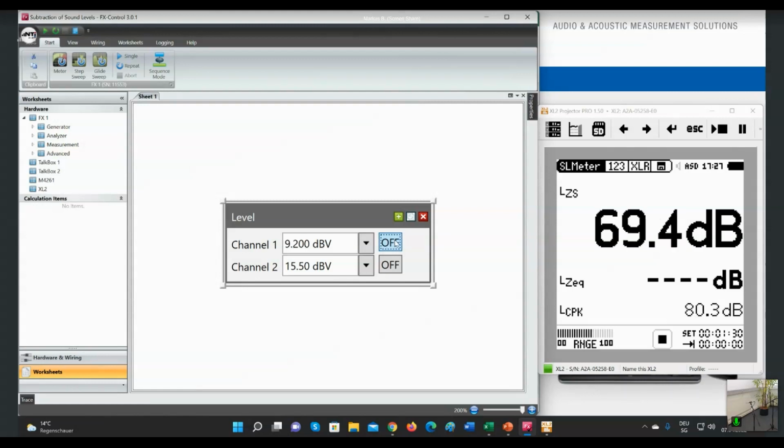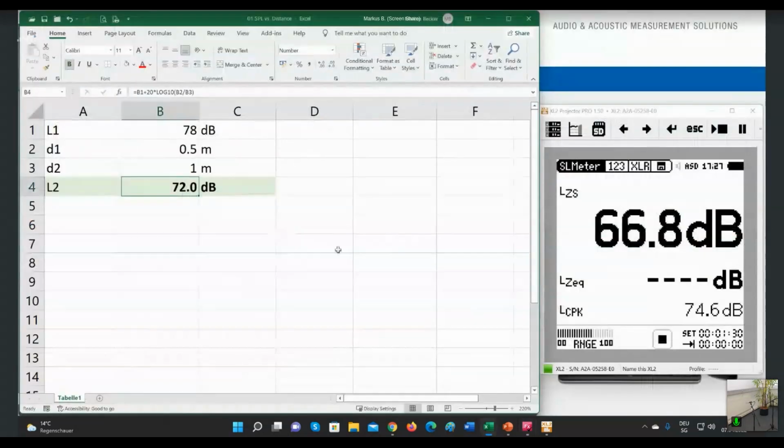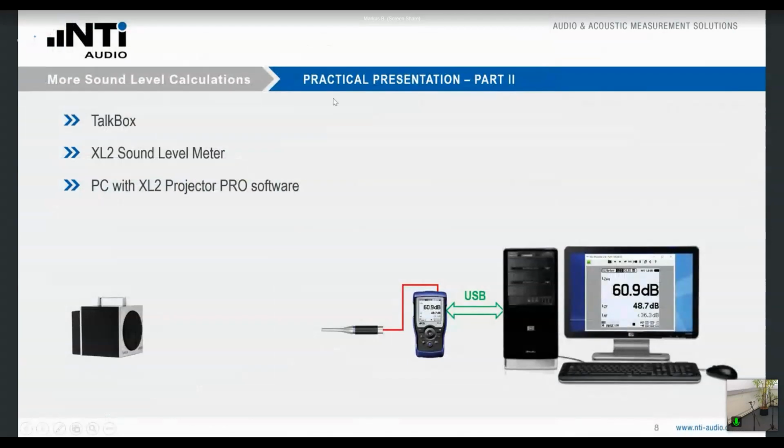About 72 dB, and that is exactly what we predicted. So you can see the calculation is correct.